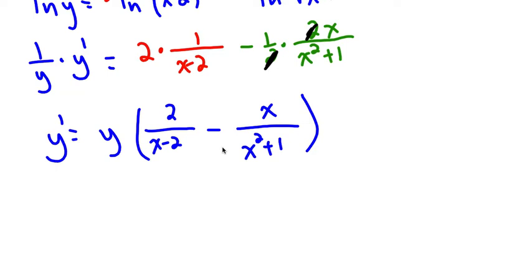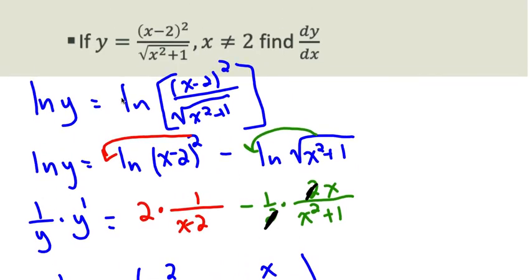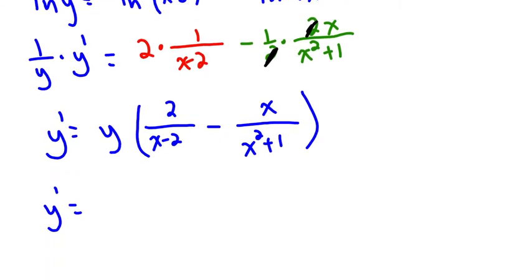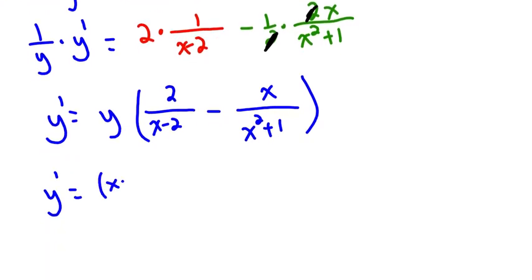So what I'm going to do is replace, first of all, y with what I know about y. It's equal to this mess right here, right? So y is equal to (x minus 2) squared over the square root of x squared plus 1.